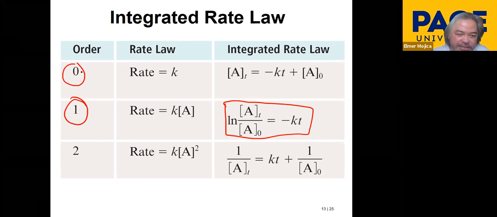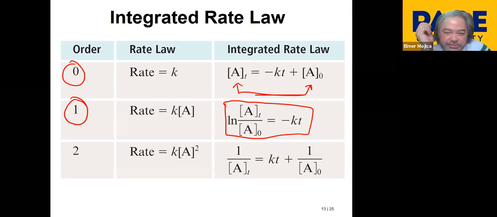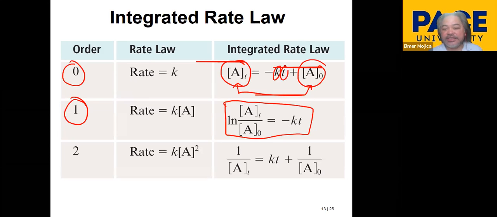For a zero order reaction, you will have it like this one. So integrated rate law just means this is the equation that you use to determine the concentration of the reactant after a certain time. This is the concentration after a certain time. This is the initial concentration. k is your rate constant, and t is the time after the reaction started.